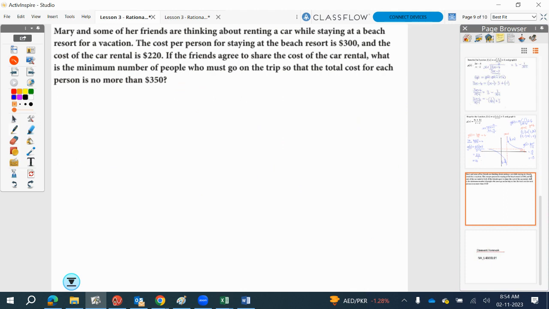Have a go at writing your function. It's a little easier. If you go to the limit, it would be x minus 3. So 300 times 1 over x minus 300.